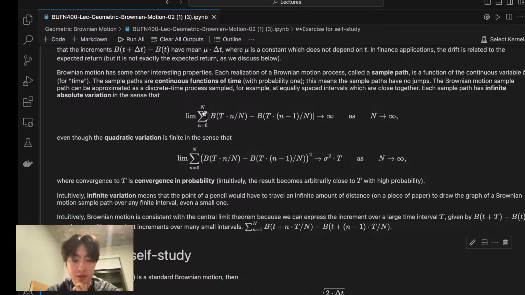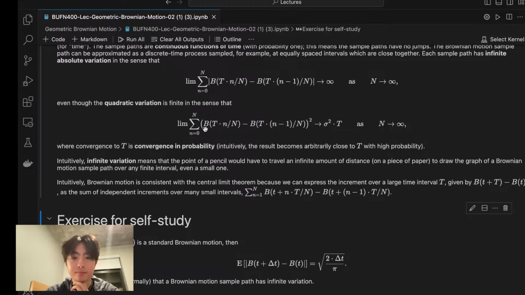So as we take the limit of n, as the time step goes to 0, the limit of the sum from n equals 0 to n is infinity.